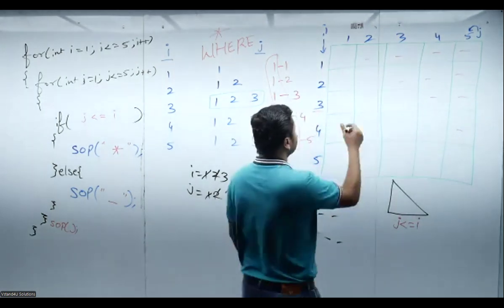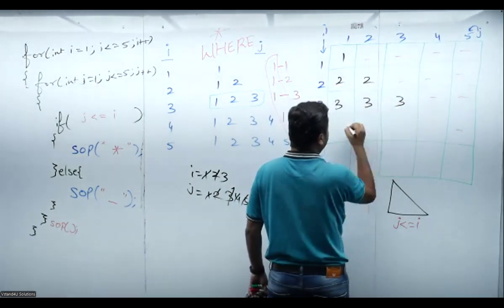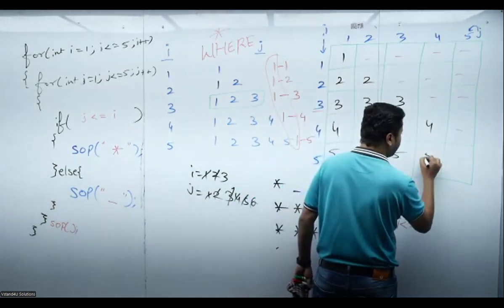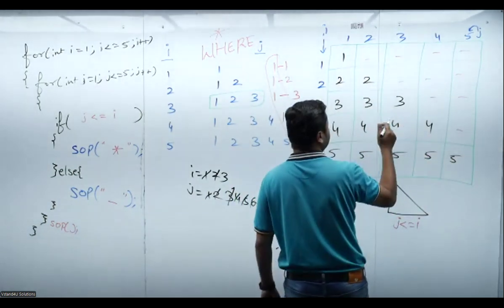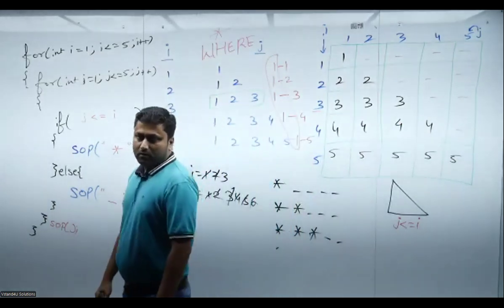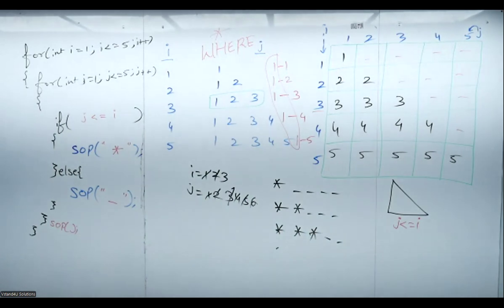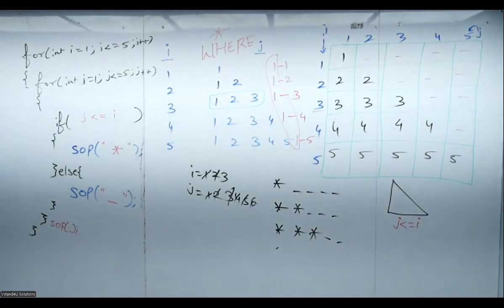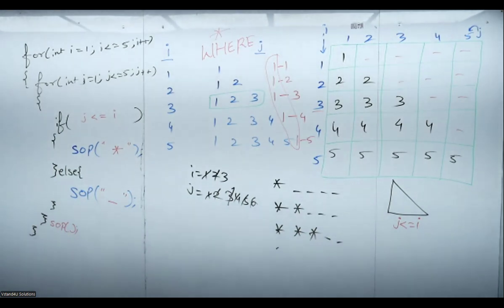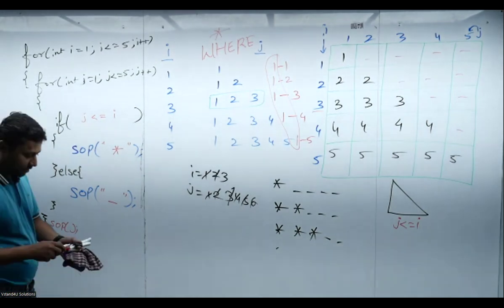If I'm saying first row 1, second row 2, 2, third row 3, 3, 3, fourth row 4, 4, 4, 4, fifth row 5, 5, 5, 5, 5, then all the steps follow. Chalo. All the steps need to be followed.